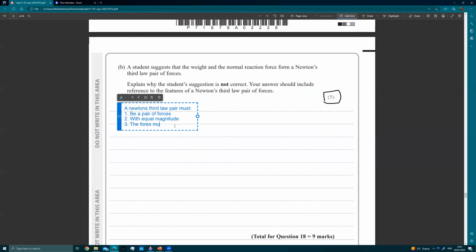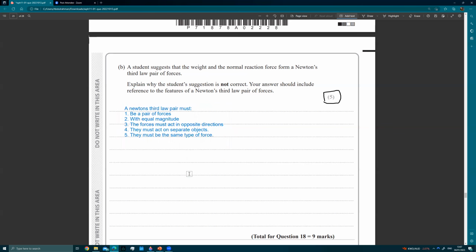The forces must act in opposite directions. Those are the two that even the GCSE people know. Now let's talk about the other conditions, and that is they must act on separate objects, which we saw above. And then finally, they must be the same type of force.